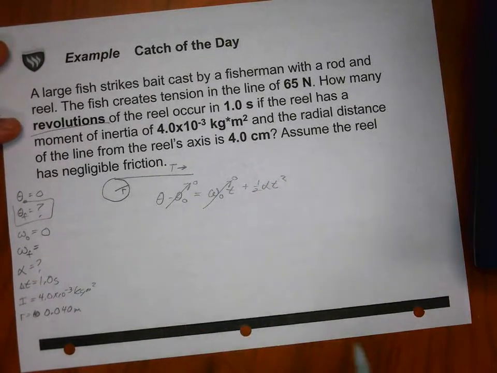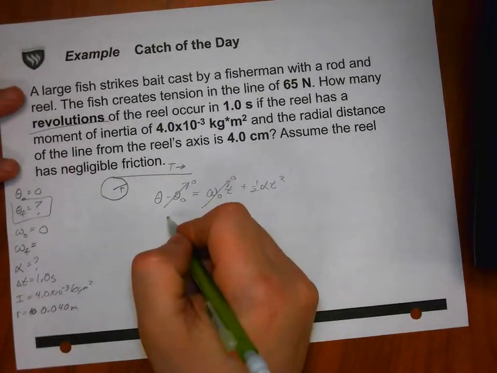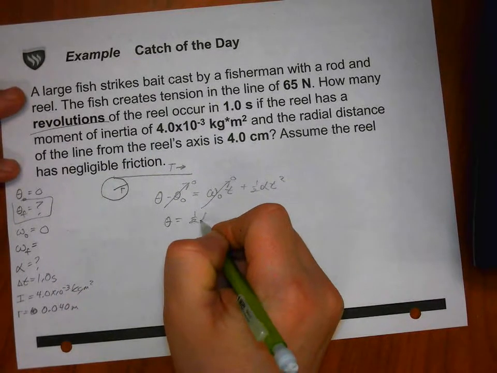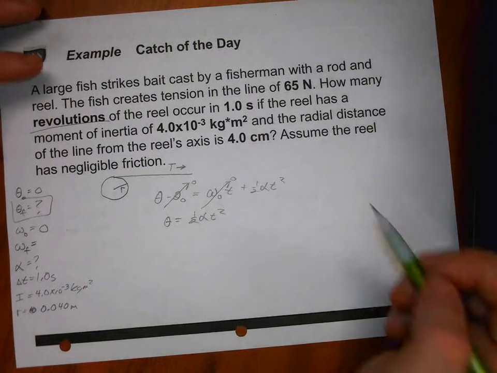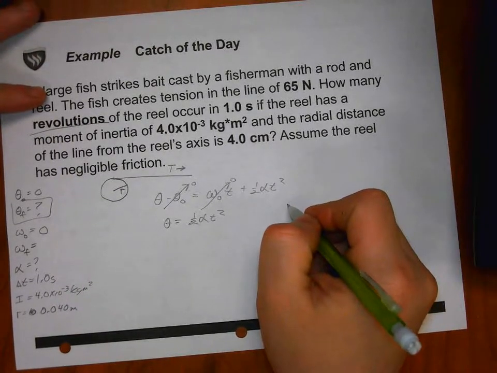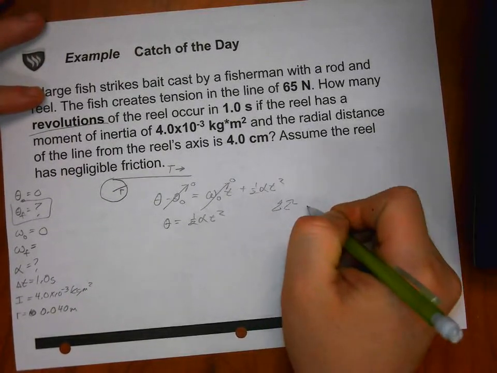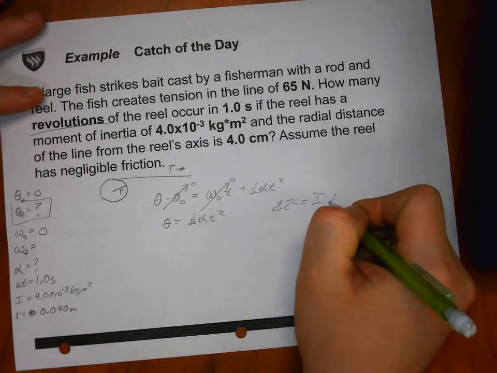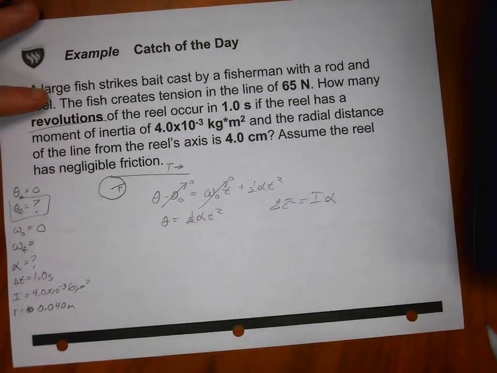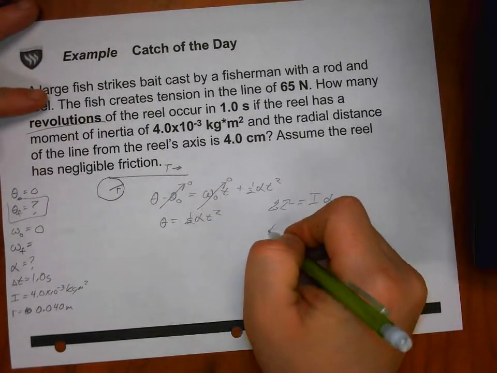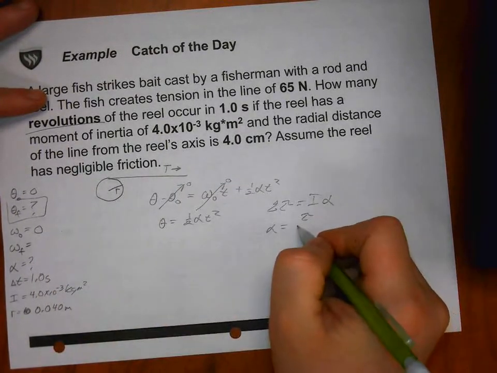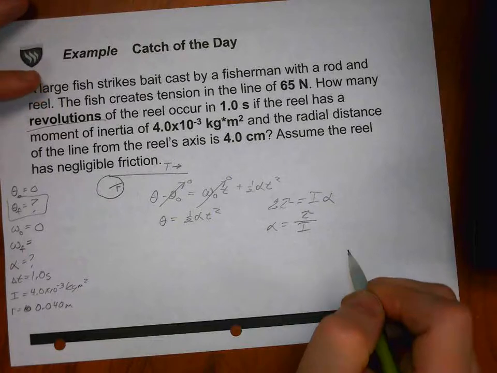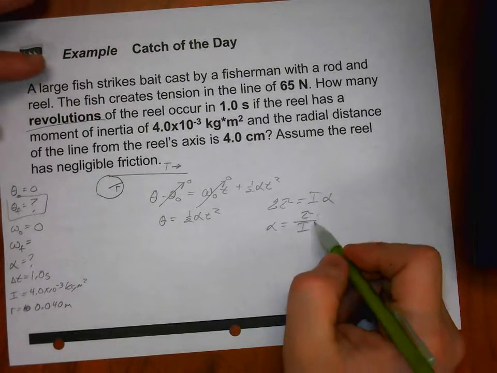We know the initial angular position is 0, so theta equals 1/2 alpha t squared. All we have to do is find an expression for alpha. Newton's second law for rotational motion says the sum of all torques equals I alpha. Solving for alpha, the torque applied by this tension over the moment of inertia is equal to alpha.